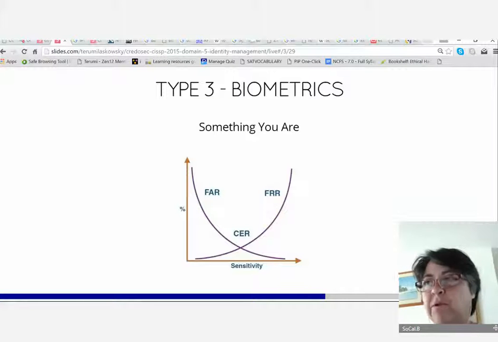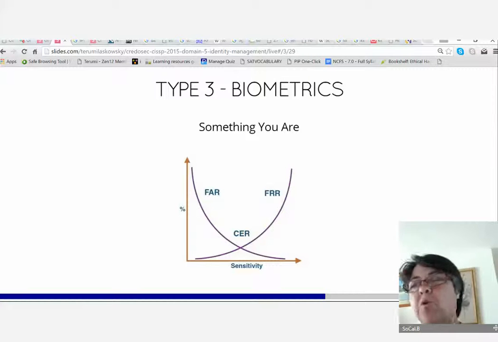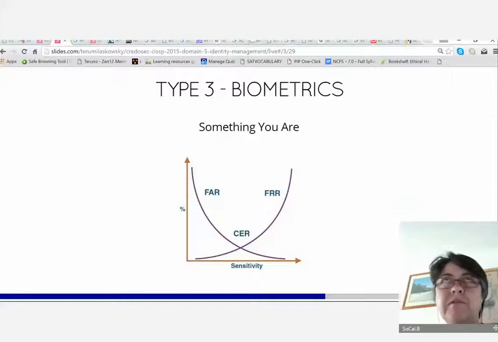If somebody picks up my phone and sticks their thumb on it and the phone opens, there's a problem. This is the false acceptance rate. If the device is so insensitive that it lets other people in, that's what it means. So as you go more insensitive, to the left, the percentage of false acceptance will go up.